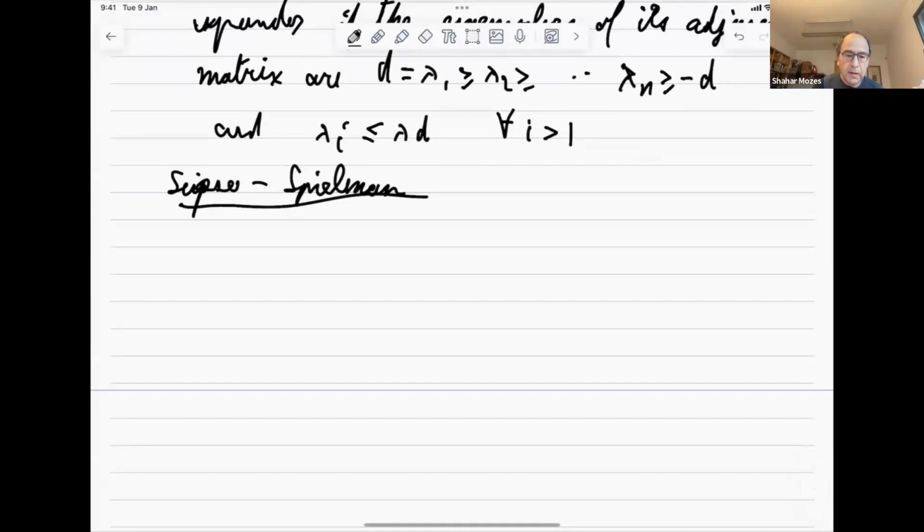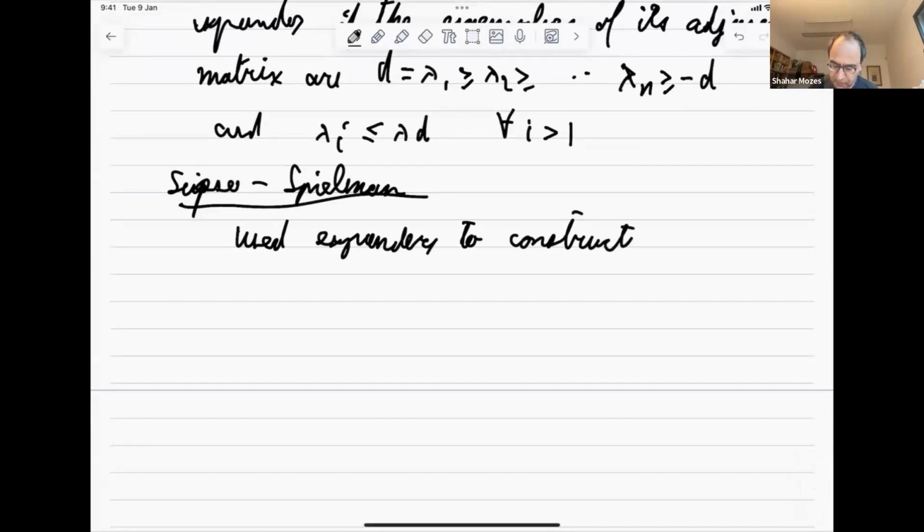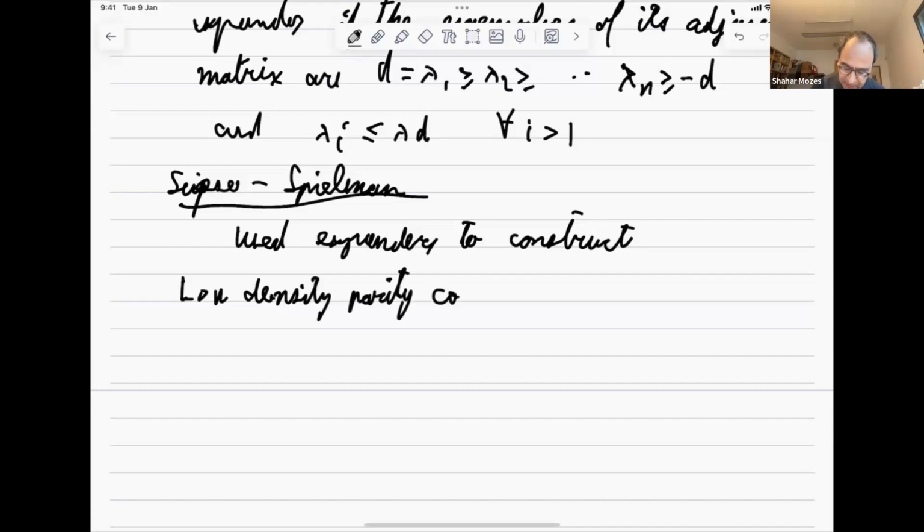They used expanders to construct nice linear codes, what's called low density parity check codes.